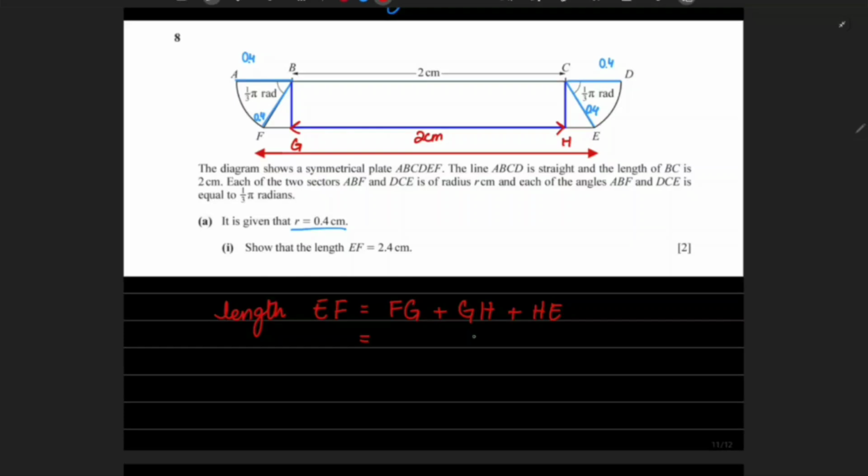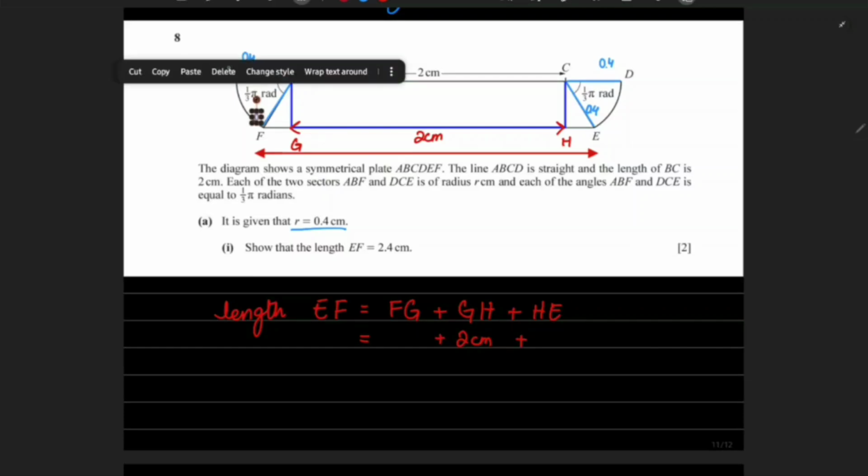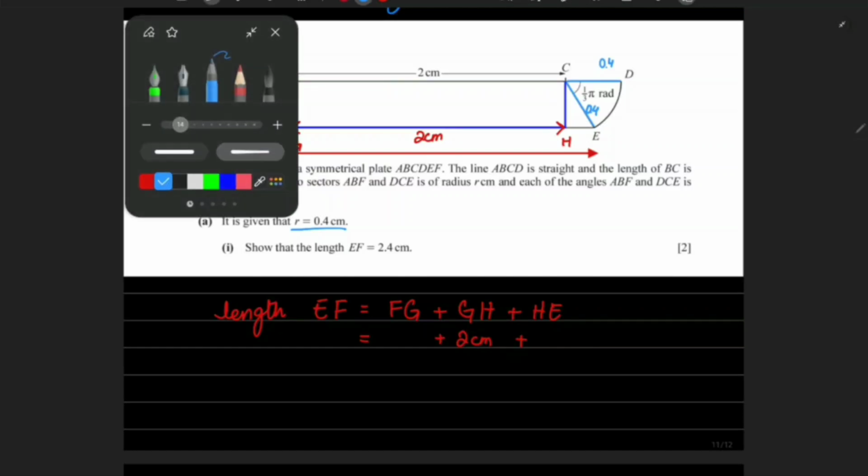And from here we know that this much is 2 centimeters and these two we need to find. So how can we find this? You can see we have a few things that we know here, and that is the radius, the hypotenuse of this right angle triangle.